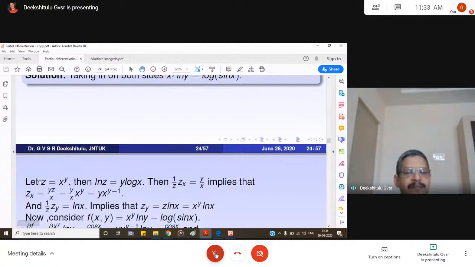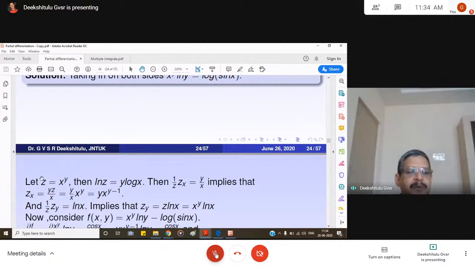If you differentiate this with respect to x, ln z gives (1/z)(∂z/∂x) = y/x, which implies z_x = yz/x. What is z? x^y. Putting it here, we get y·x^(y−1).